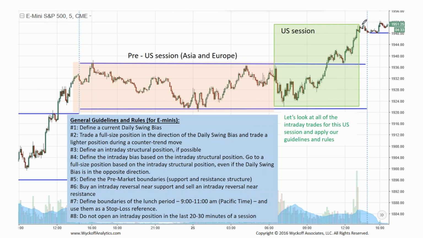We don't want to open any positions, especially if we're just intraday trading, in the last hours. Even though here we have a really good move to the upside, in the majority of instances it's not going to be the case.